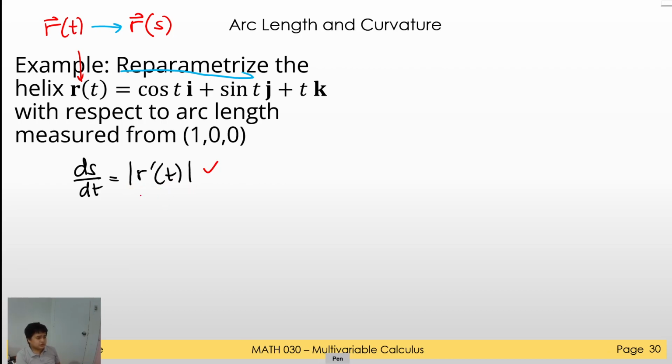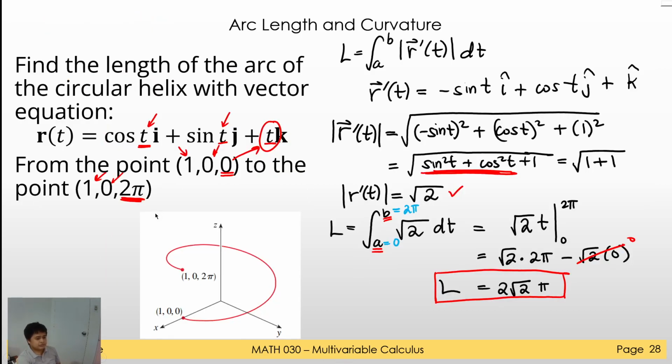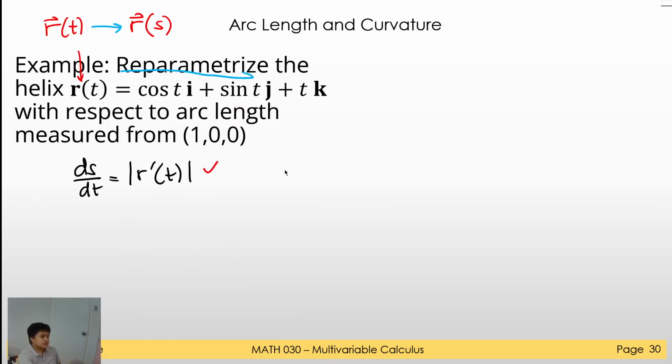From the previous example, we already solved for that. This is a given, similar to the last slide. So we already have a solution, and we can make the discussion a little bit faster. This is equal to the square root of 2.